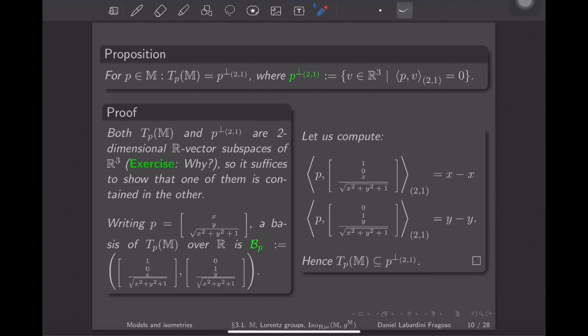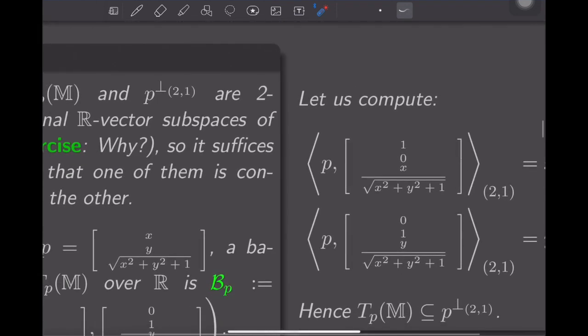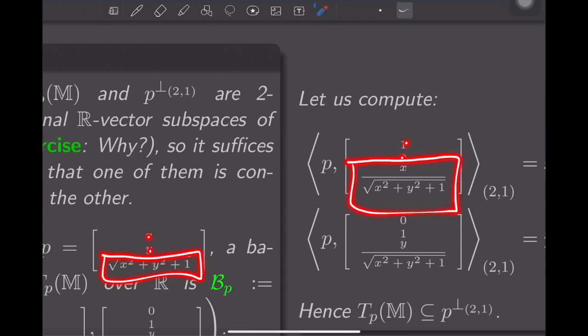And then when I take these two vectors, which are a basis, and I pair them with P, I have to take this times this, so it's x plus 0 minus this times this. Sorry, this times this plus this times this minus this times this with the x here.